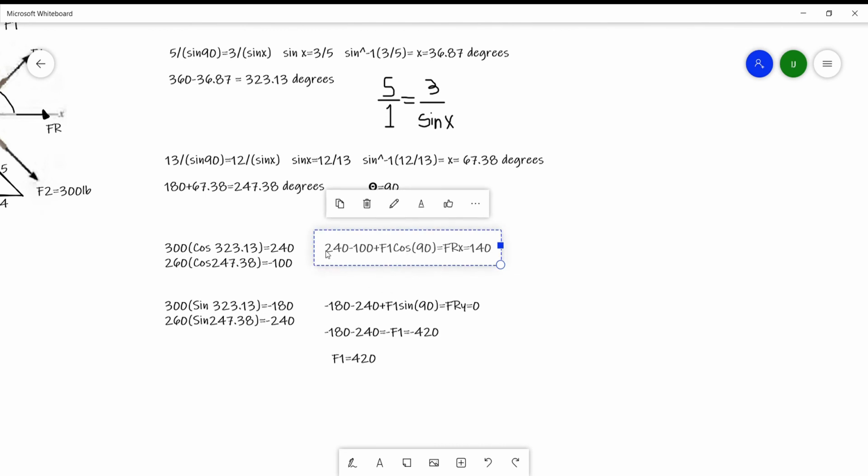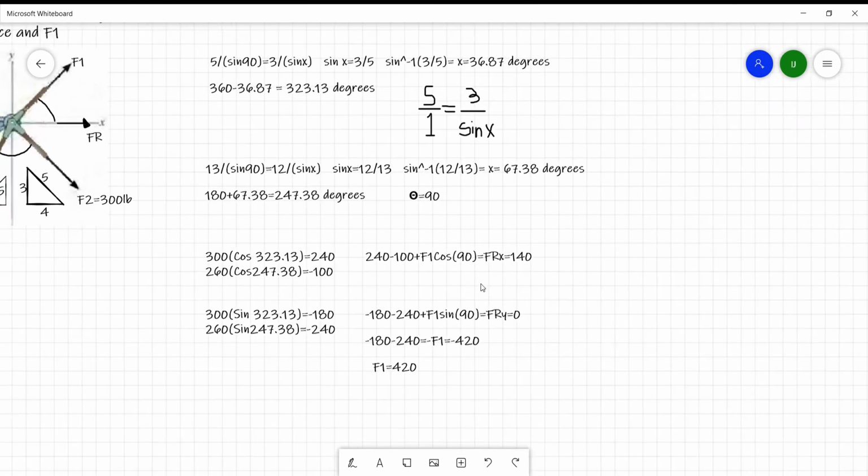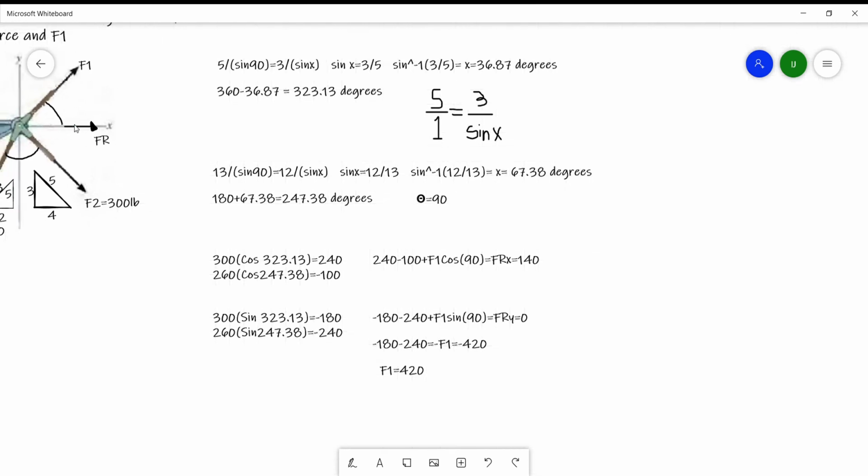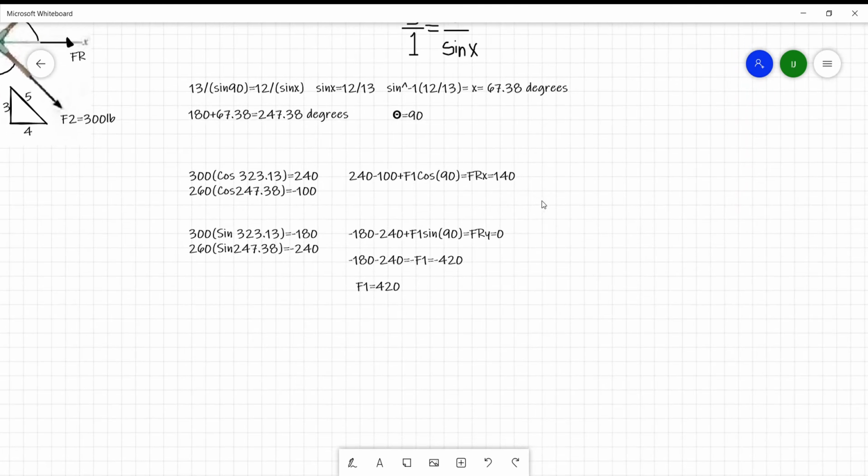So the summation is going to be equal to my FRx, which is my force in X, and since I only have one, which is in X, and I don't have any in Y, my force is going to be equal to the summation of these two, which is going to be 130.